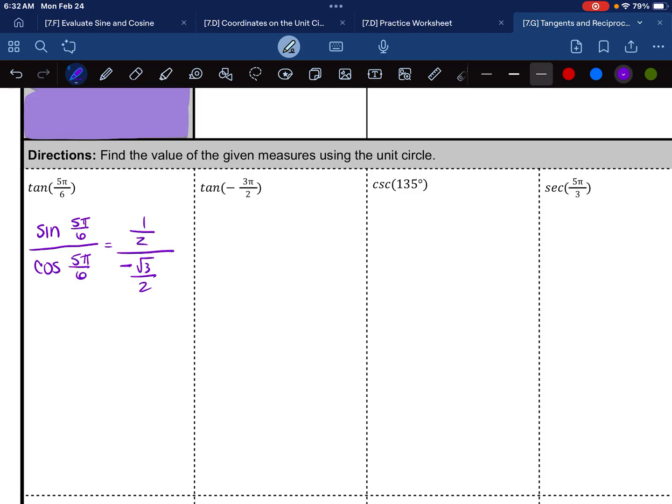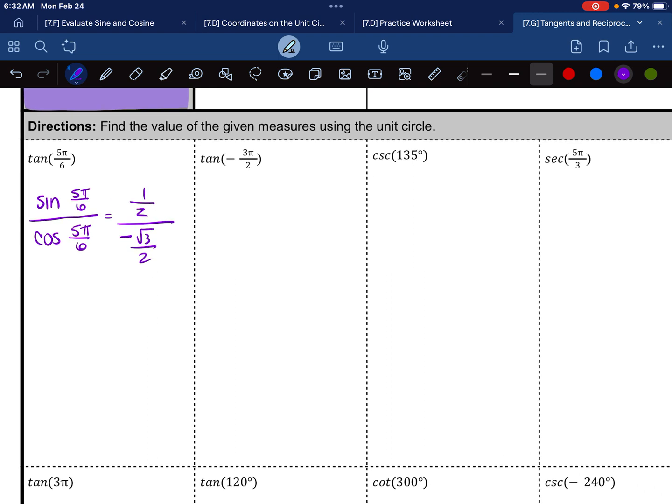Now, when y'all kids are in middle school or whatever, you probably had a teacher who taught you copy dot flip. That's what I'm doing here. So I have 1/2, changing it to multiplication, and I'm multiplying by the reciprocal of negative root 3 over 2. So that turns into negative 2 over root 3. Now, in this case, these cancel each other out, and I'm left with negative 1 over root 3.